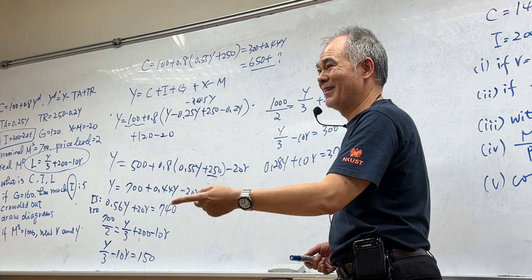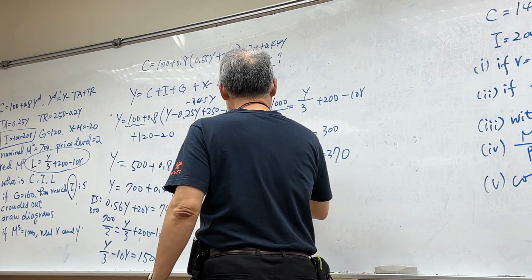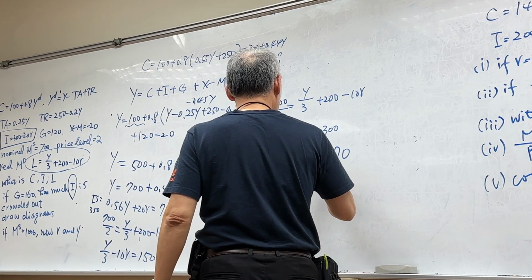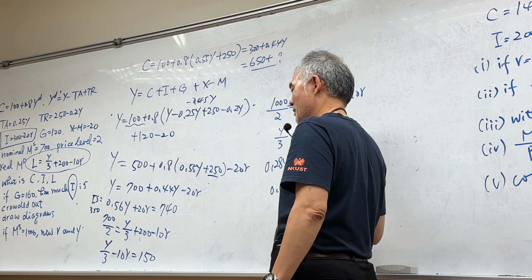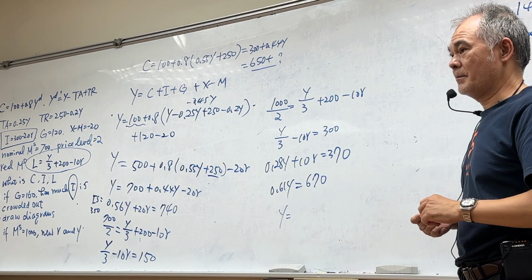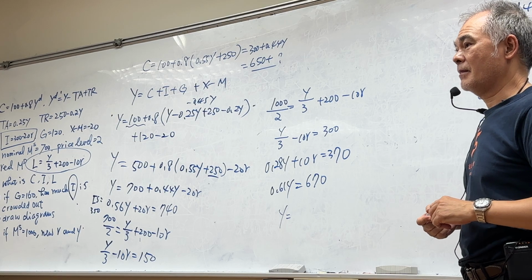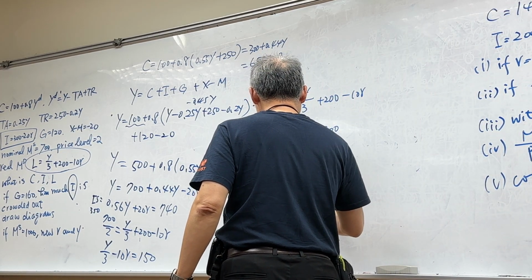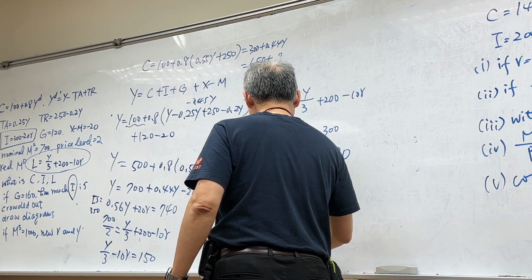Can you help us again? Okay, so 0.61y is equal to 670, right? So how much is y? 1092. And r?